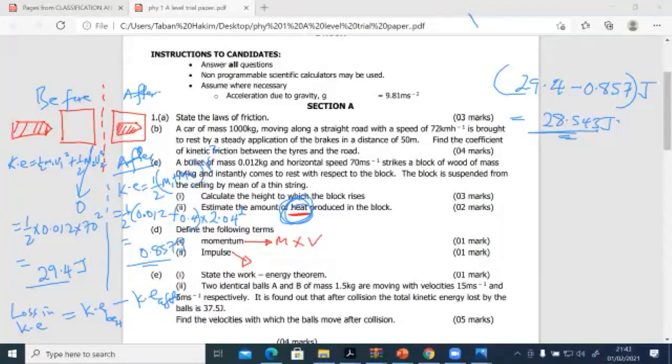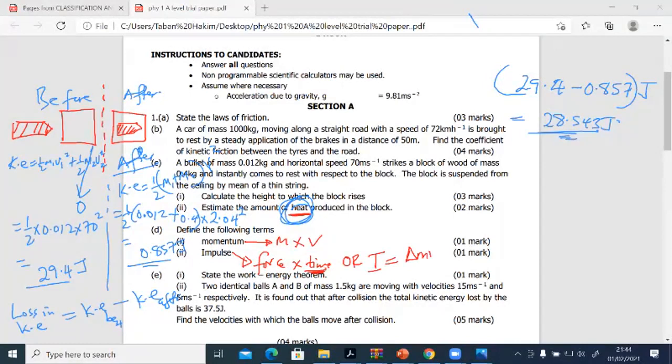So you can either define this like you've said, or you can simply define it as the product of force and the time for which the force acts on the body, or you can simply define impulse as being equal to the change in the momentum of the body.